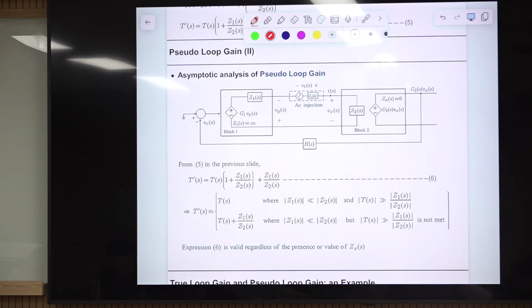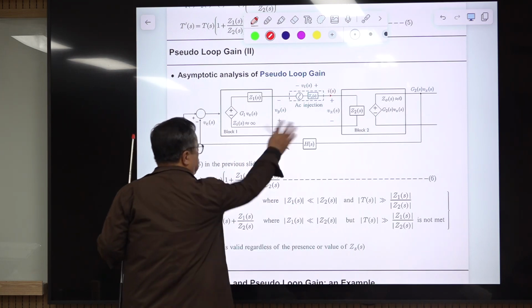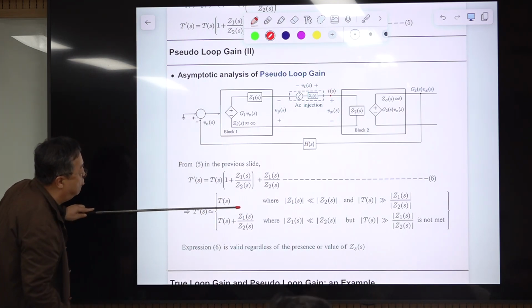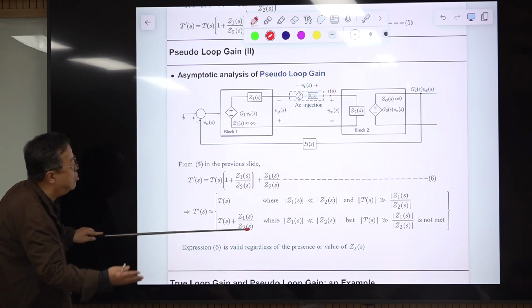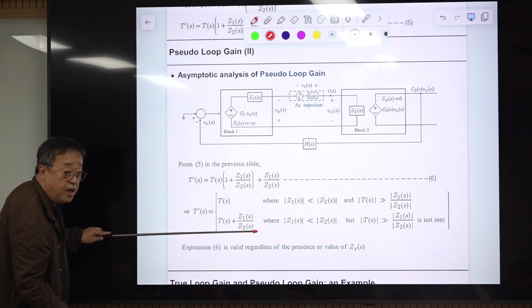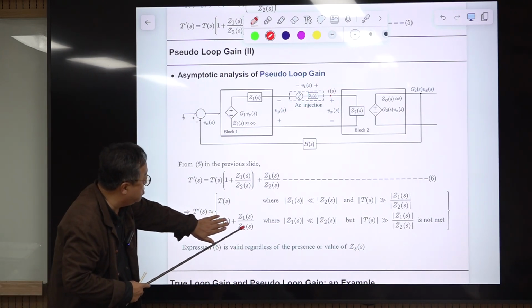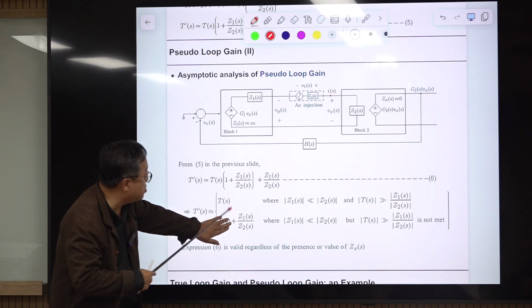Somehow you know the equation of the true loop gain, and when you are measuring in this situation, in some frequency range you will get the true loop gain, and at some frequencies you will get this. At that frequency, if the magnitude of this one is much smaller than this one, then the loop gain simply becomes this one.